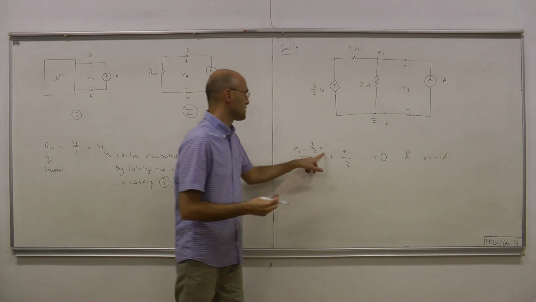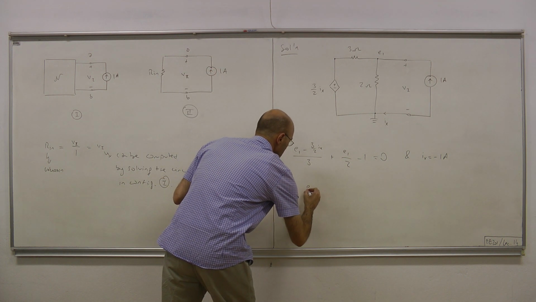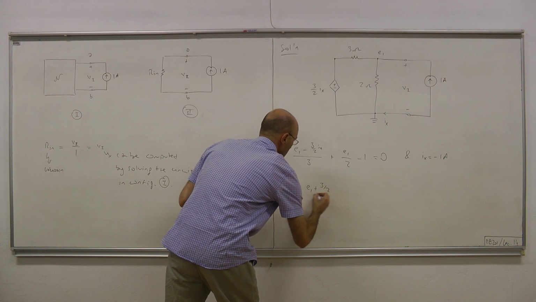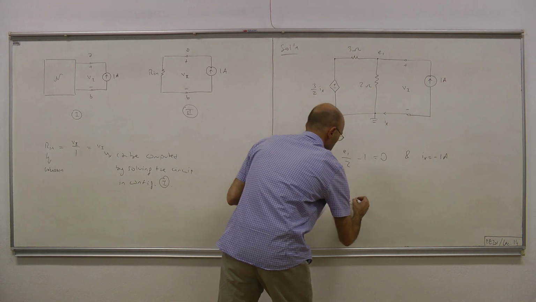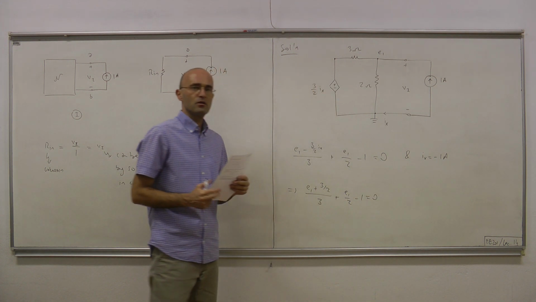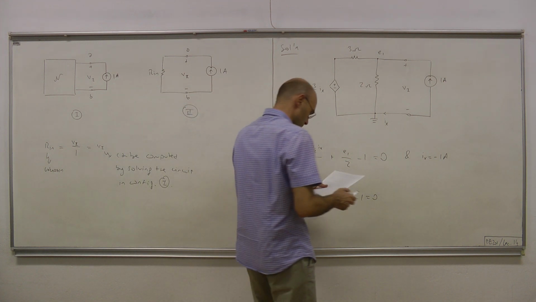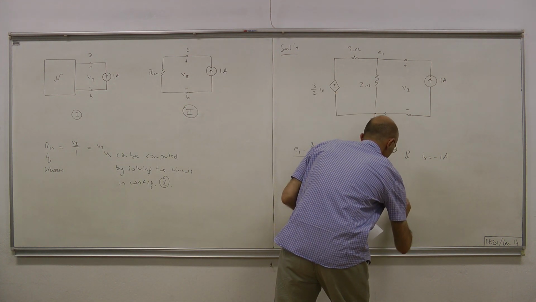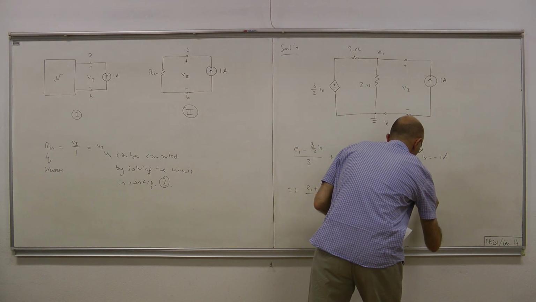And so replace Ix with -1, and that gives you (E1 plus 1.5) over 3 plus E1 over 2 minus 1 equals 0. Okay, a single equation only in terms of E1, and that gives us E1 equals 3 over 5 volts.